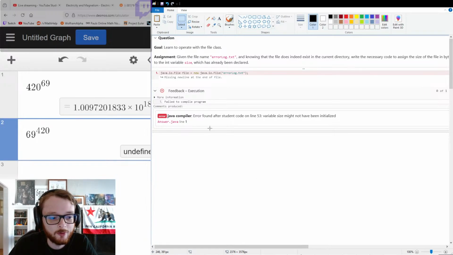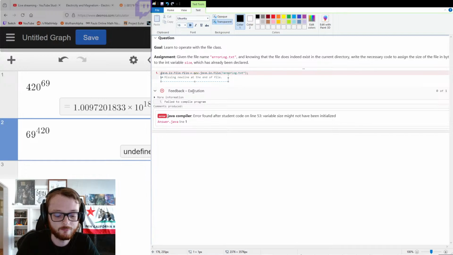You need a second line of code here, Critical. They give you an int size that you have to assign something to. So size is going to equal file dot something that I don't know.